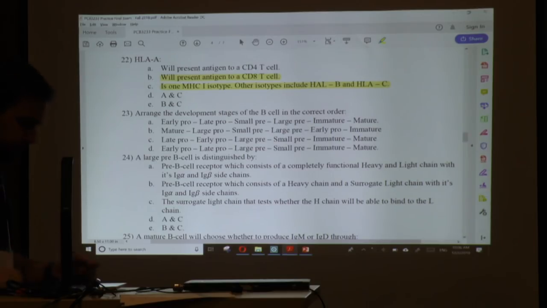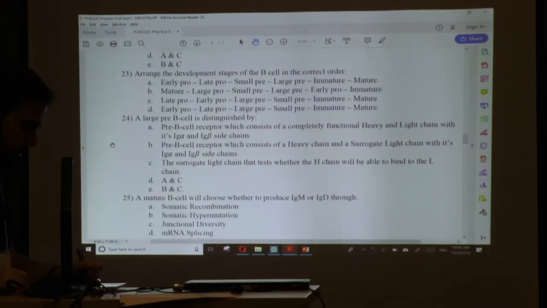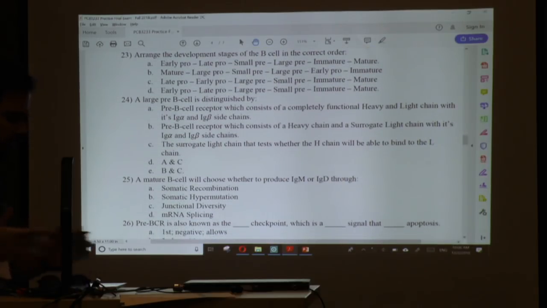All right? So now B-cell maturation. Who can tell me the stages of B-cell maturation really quick? Anyone? No one? Was it pro or pre first?